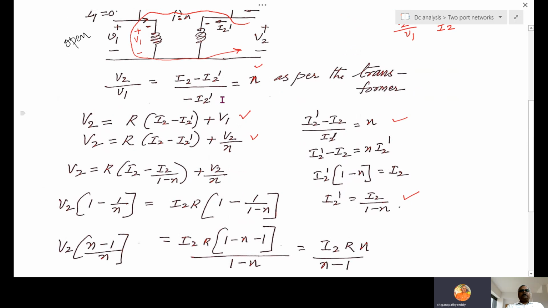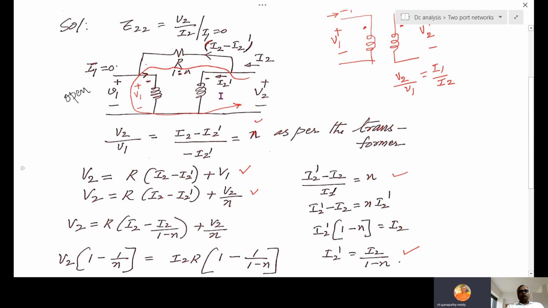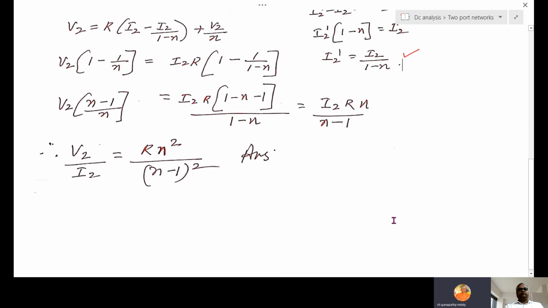How I have written the equations is only important. One is the voltage ratio, second one is the current ratio, third equation is V2 equal to. If you just understand the equations, then solve them, you will get the answer.